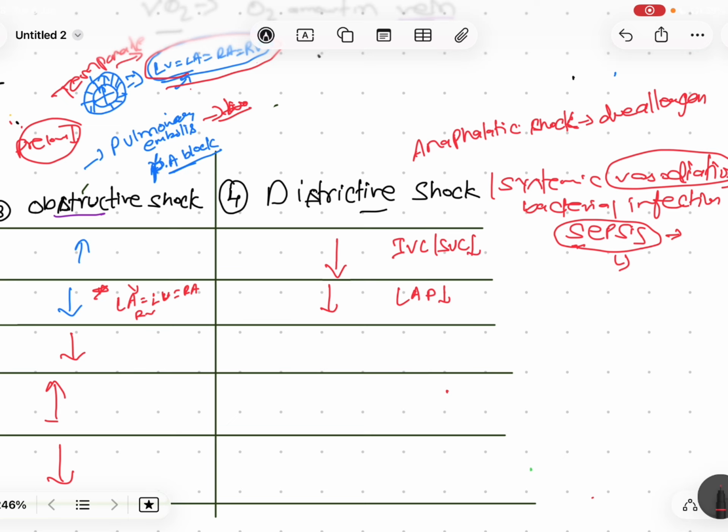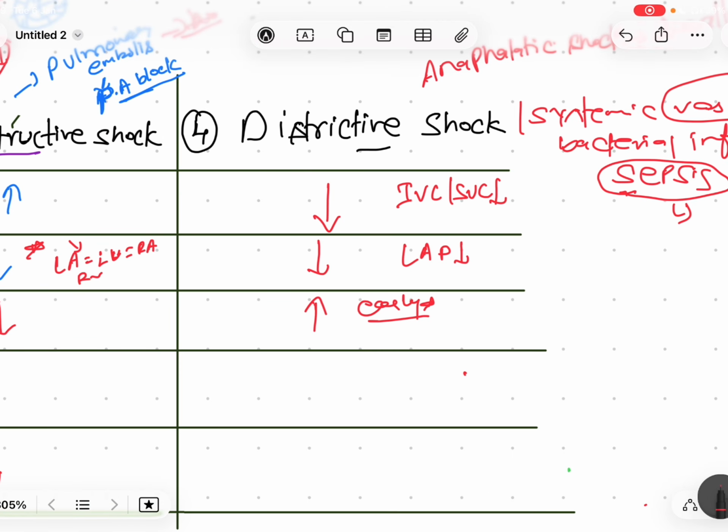Okay. But if we look at cardiac output, what happens? Cardiac output is increasing at that time because of vasodilation. It happens in the early stages, for a few early moments.